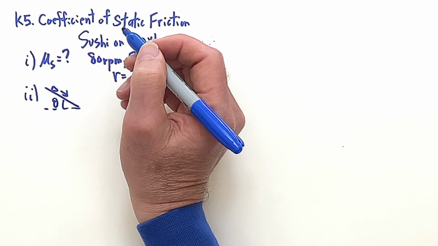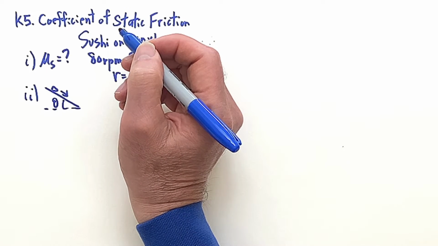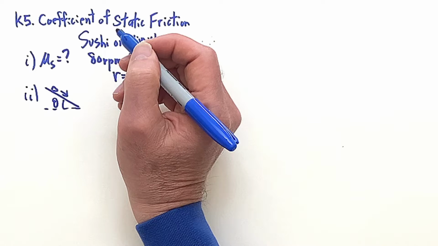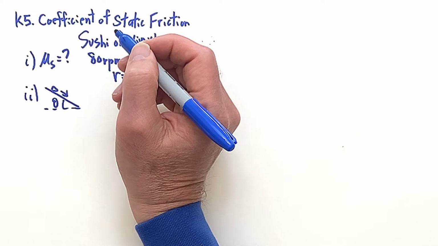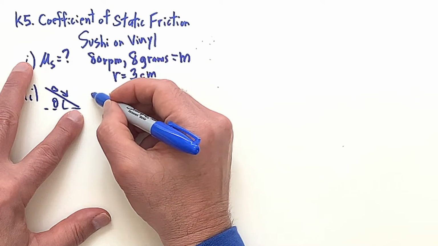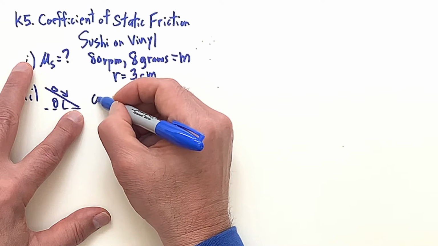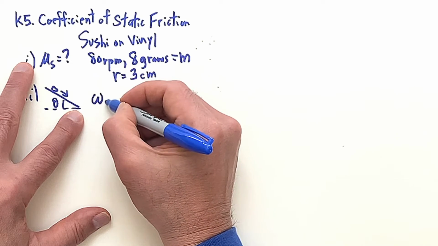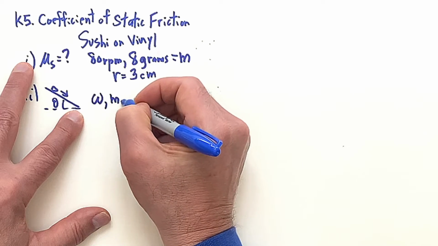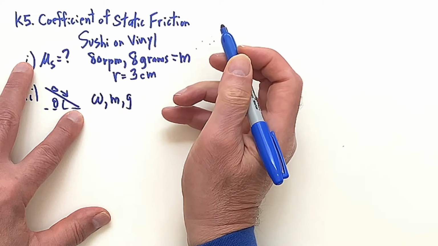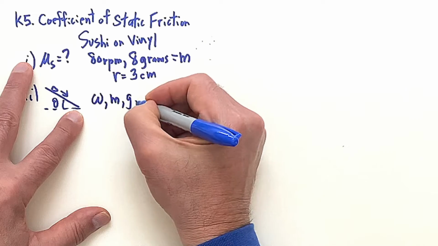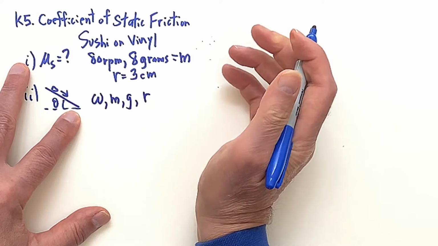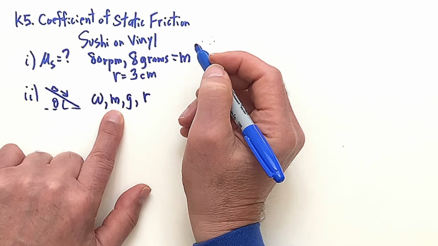So we're going to look at that and see what angle it is. And we want things in terms of the basic parameters. Angular velocity omega is a basic parameter. Your mass is a basic parameter. Of course, gravity, g. And the distance you are from the center. So these are basic properties.